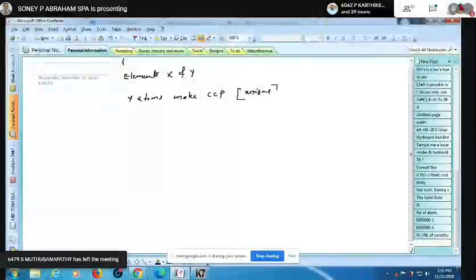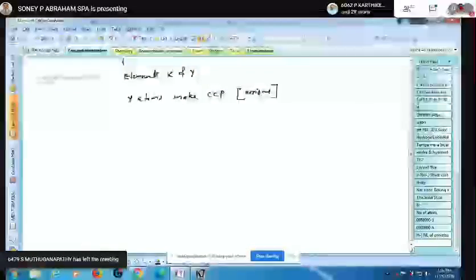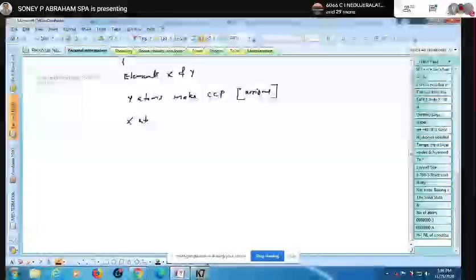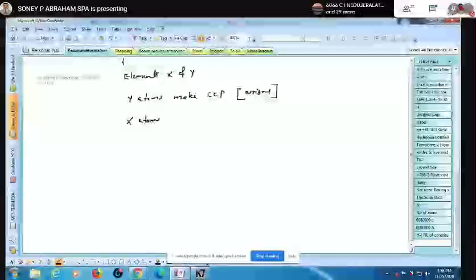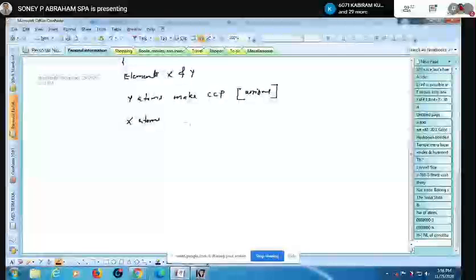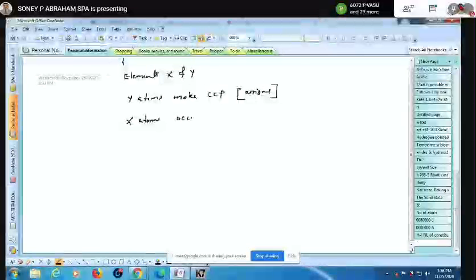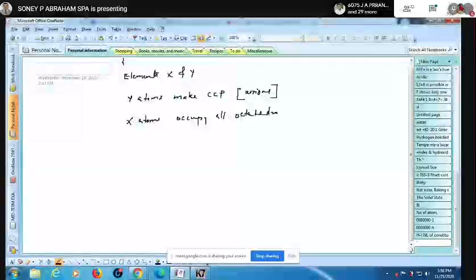The bigger sized ions will form the crystal lattice, and X atoms, which are the cations, occupy all the octahedral voids. What is the formula of the compound?